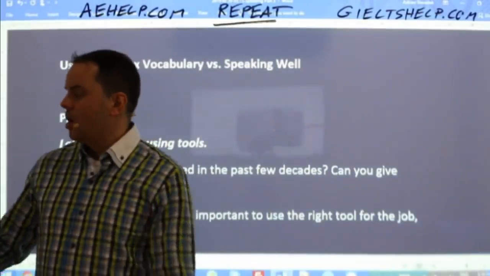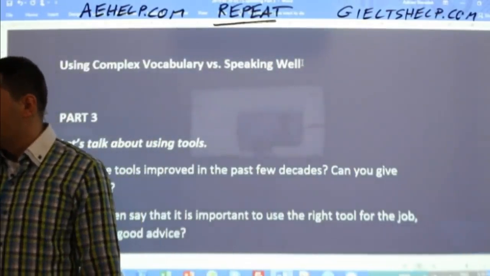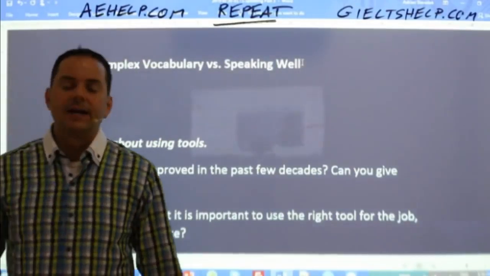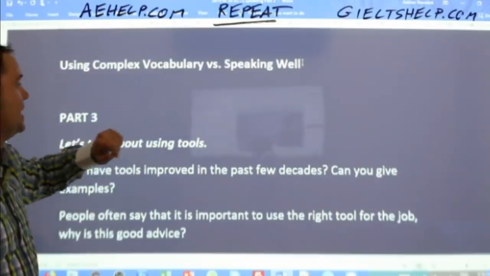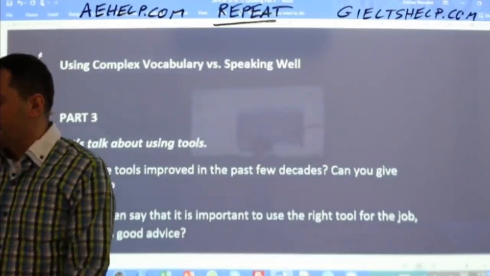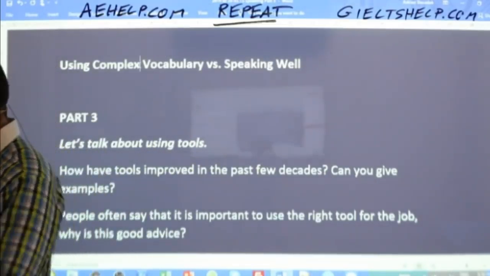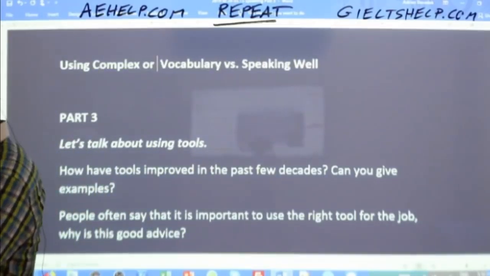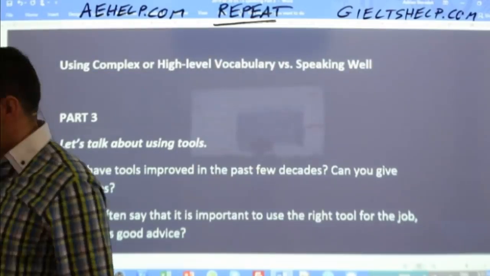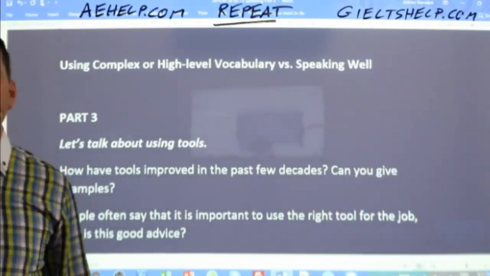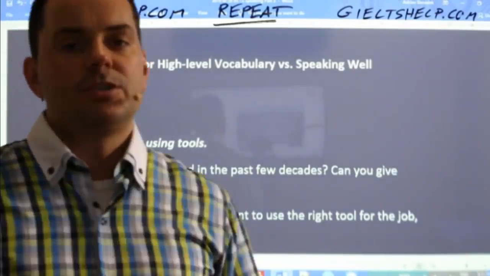Now, a lot of times, students think that you need to have really complex vocabulary or very high level vocabulary to get a good band score on IELTS. Now, you have to be very careful about that, students, okay?